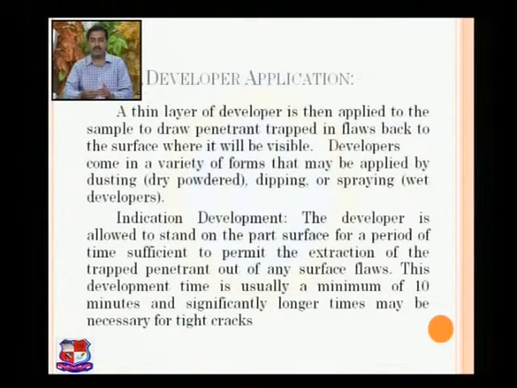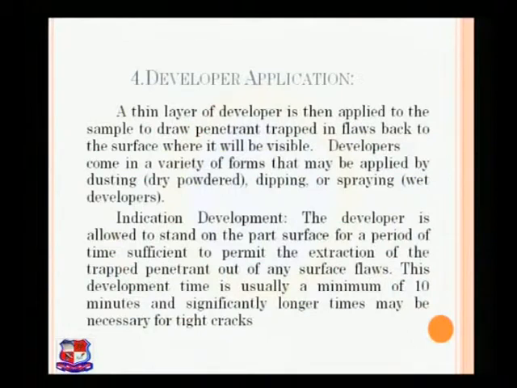Within a few minutes, you will find that the particular region where there is a flaw will come into the picture, and we can identify the position, place, and size of the flaw. So the developing stage is also important, where we need to take care that it does not affect the penetrant, and to make the indication clearer.